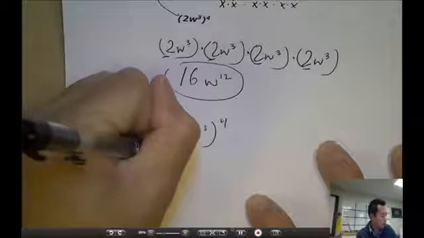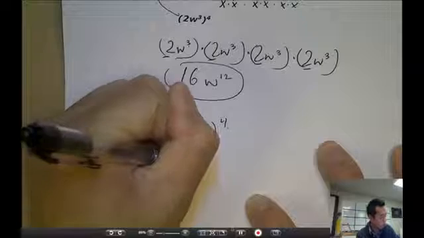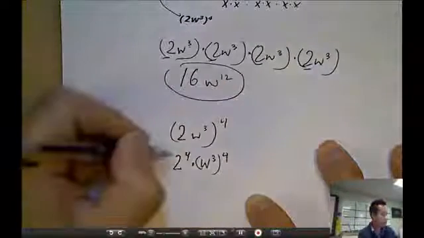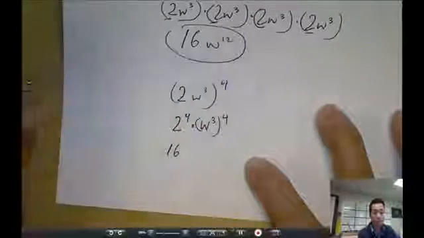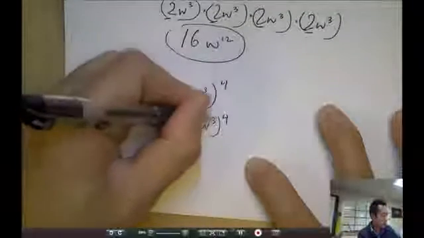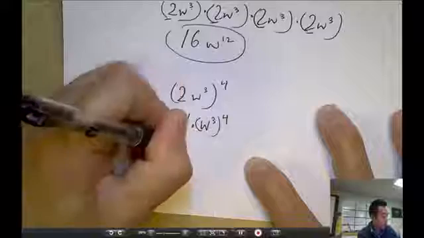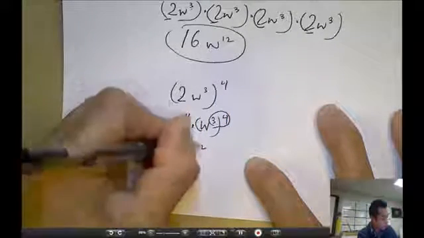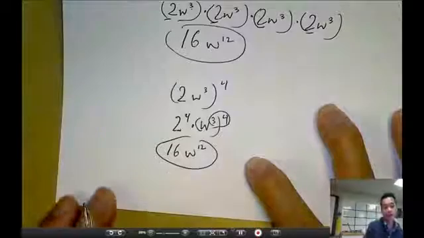You can go 2 to the 4th power times w to the 3rd power 4 times. Well, 2 to the 4th power is 16. W to the 3rd raised to the 4th power would be, you multiply those together, and you get w to the 12th. Either way works.